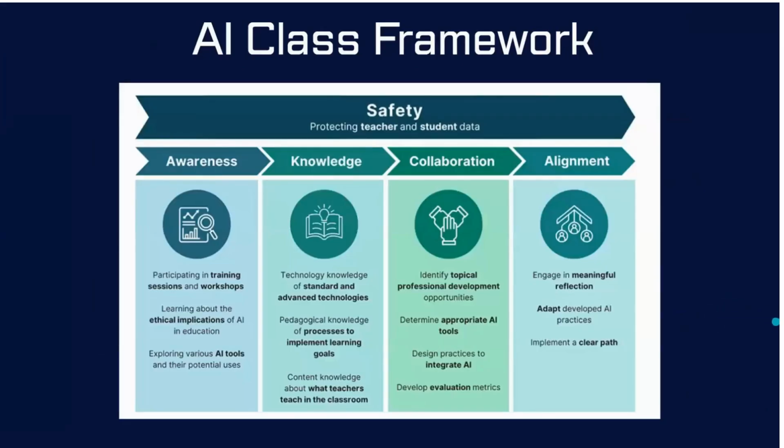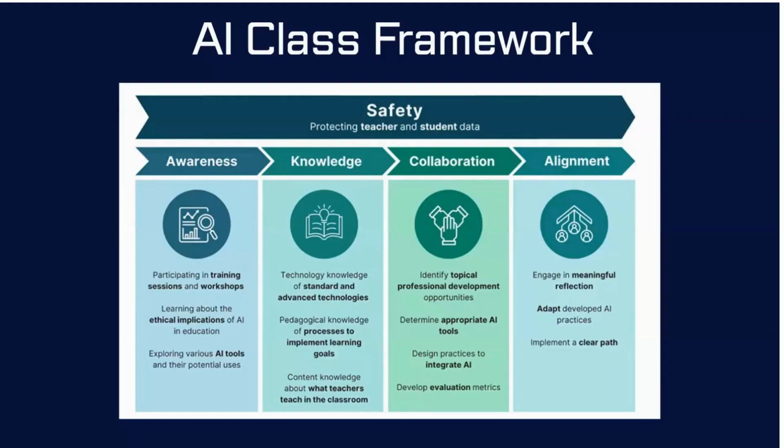So now moving along in time, if you'd like to think about it that way, after you've understood what AI coherence is, the AI class framework is designed to think about how you go about implementing a project like this. As with any educational AI implementation, we see safety as the underlying thread that runs through an entire implementation. Protecting teacher and student data is essential, and placing guardrails around AI use such that the responses that they give to students are appropriate for their age and context.